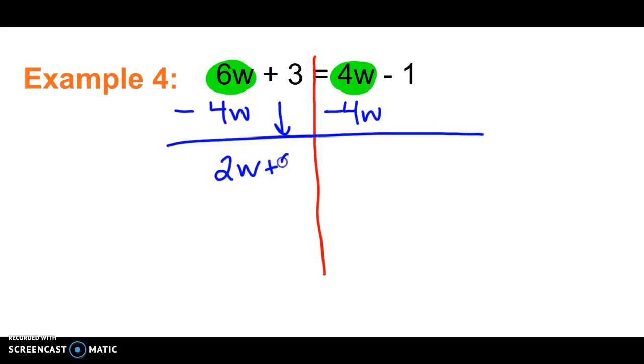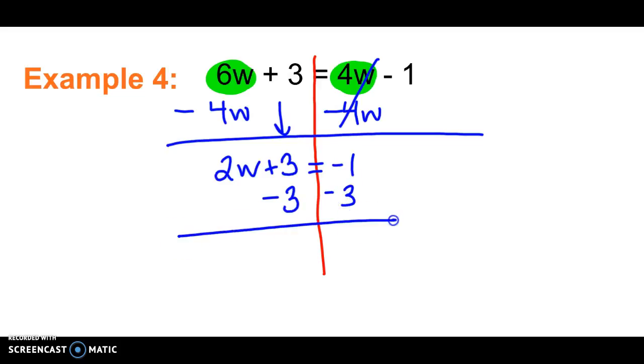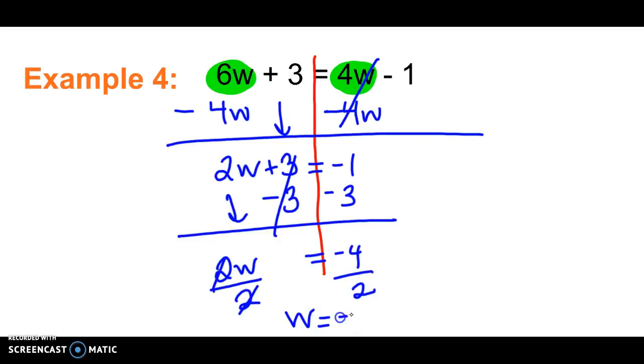That drops down, plus 3. Those cancel, equals negative 1. Now I'm going to subtract 3 from both sides. This gives me 2w. Those cancel, equals negative 4. Divide both sides by 2, and I get w equals negative 2.